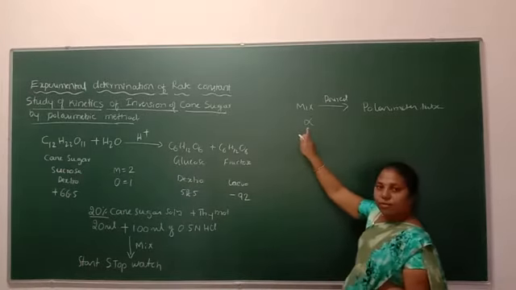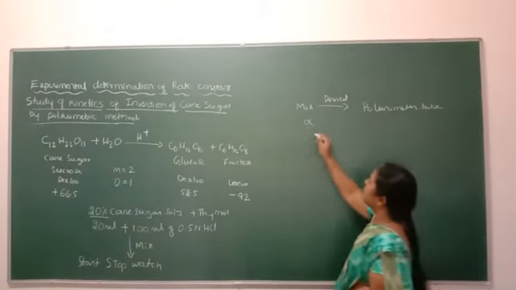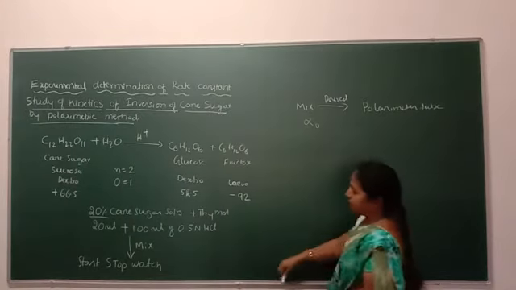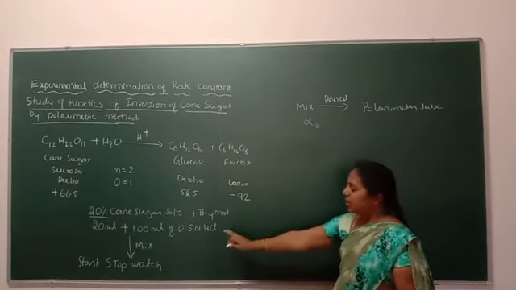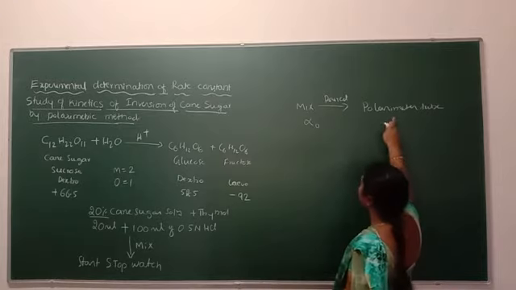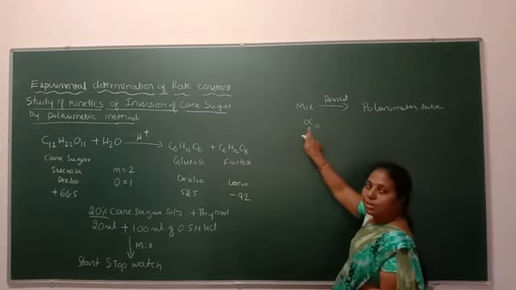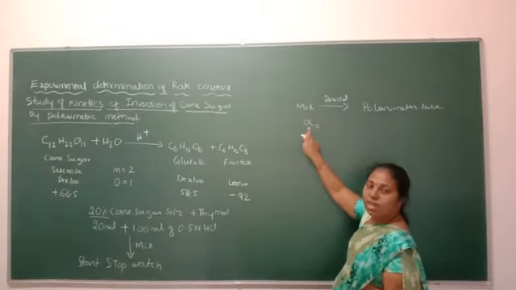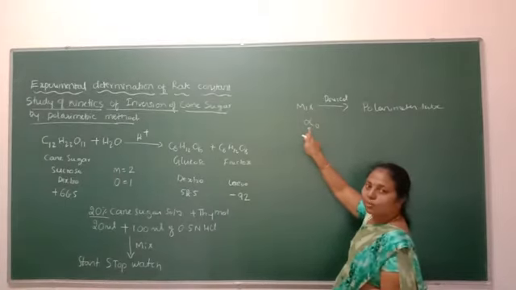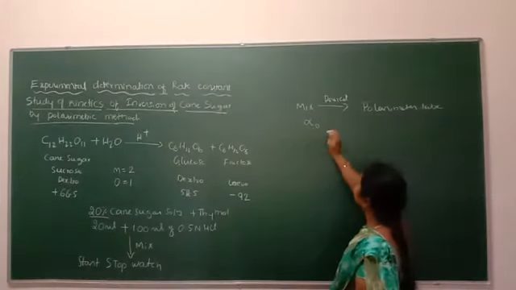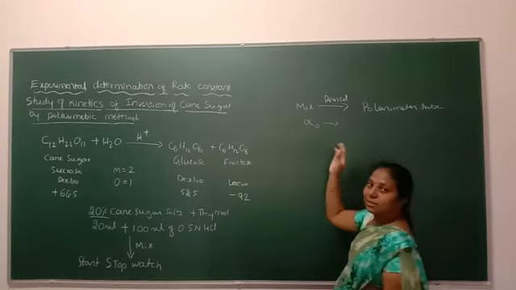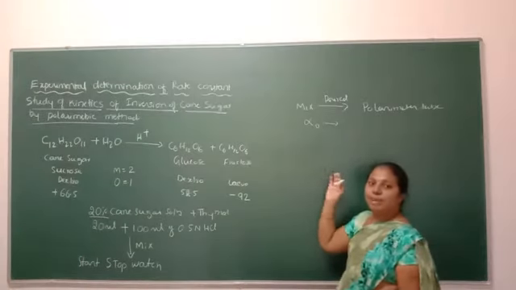Alpha can be taken as the angle of rotation at the beginning of the reaction. So after the addition of that mixture into the polarimeter tube, at the same time we will measure the angle of rotation, the value obtained in the polarimeter. That is measured as alpha naught. Alpha naught can be taken as the angle of rotation at the beginning.